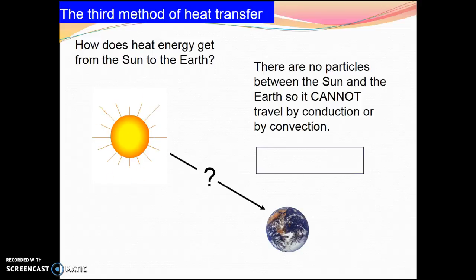There are no particles in between the sun and earth, so there's no solid, liquid, and gas, until you start to get into the atmosphere of earth. So it can't travel by conduction or convection, so it has to travel by way of radiation, and radiation is the only one of the three that doesn't need a solid, liquid, or gas to transfer through.